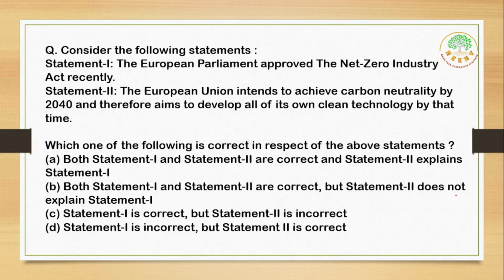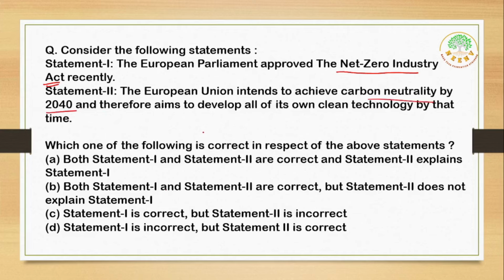Now let us discuss the next question. Consider the following statements. Statement 1. The European Parliament approved the Net Zero Industry Act recently. Statement 2. The EU intends to achieve carbon neutrality by 2040 and therefore aims to develop all of its clean energy technologies by that time.